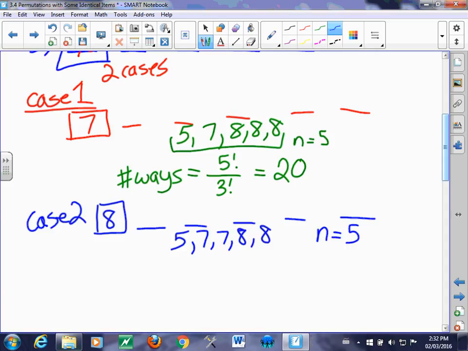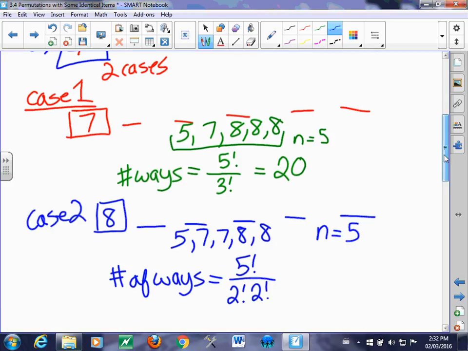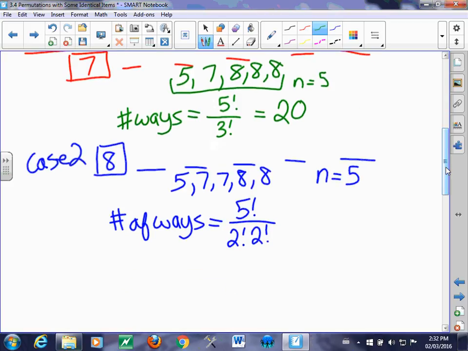Okay, all right, so the number of ways for case 2 equals our total, which is 5 factorial, divided by, well, the 7s repeat twice, so that's 2 factorial, and the 8s repeat twice, so that's 2 factorial again. So plug that in your calculator. Don't forget, when you're plugging it in, it's got to be that times that with brackets around it. Okay, plug that in your calculator, folks, and you should be getting 30 ways. Should have put ways up here, folks.